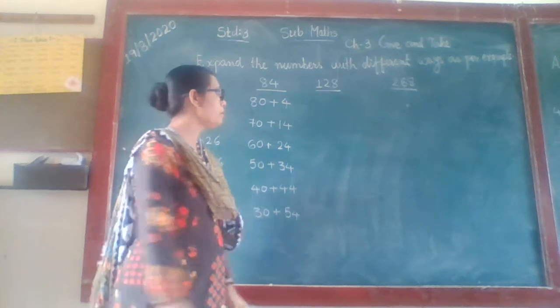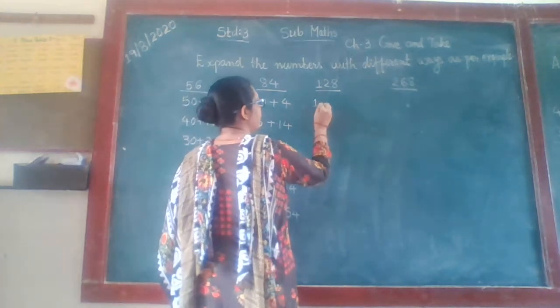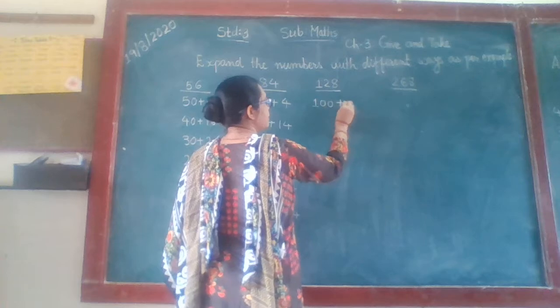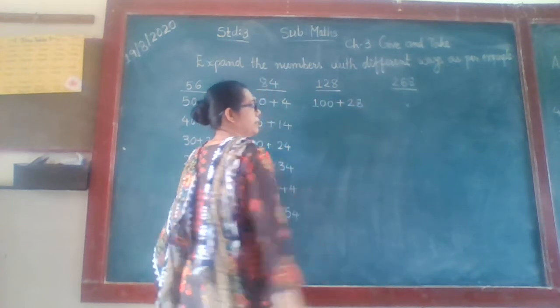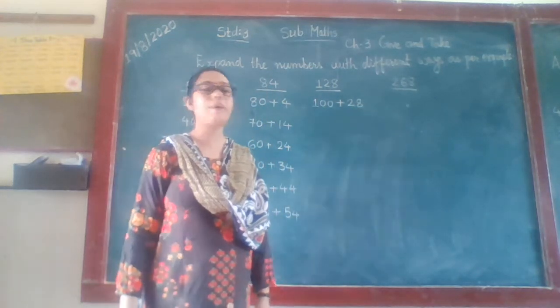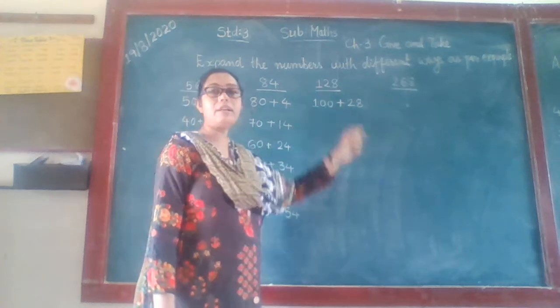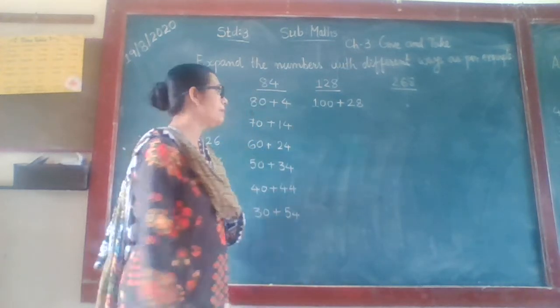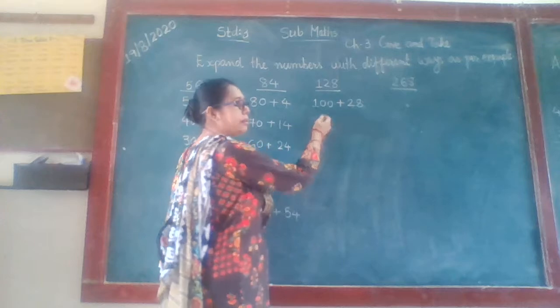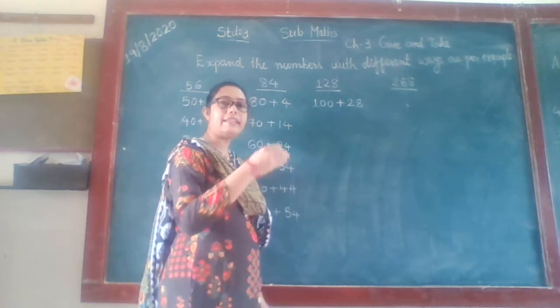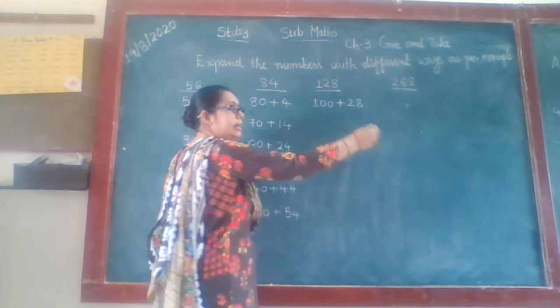Now we have number 128. So 1 is in the 100 place, 100 plus 28. 100 plus 28 is equal to 128. So from 100 we have to subtract 10 and that 10 we add to 28.